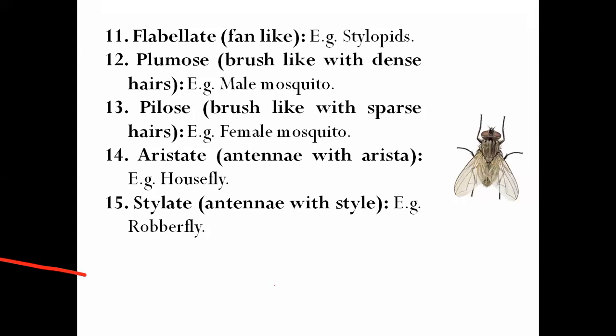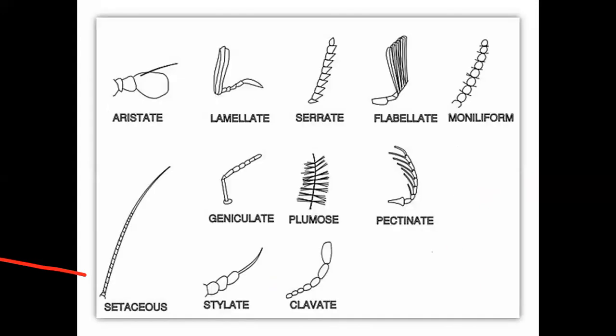The example is the stylopids, and the flabellate type of antenna is the same as the lamellate, because here also the antenna has a fan-like appearance. Here you will see flabellate, look at this. Fan-like appearance, same like lamellate, but it is enlarged at the tip on one side.